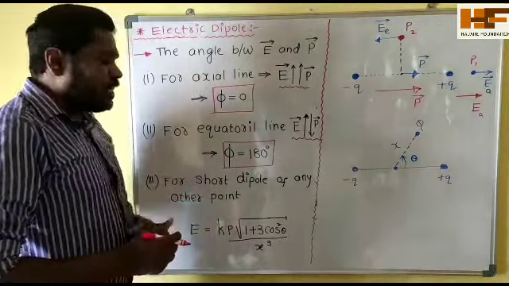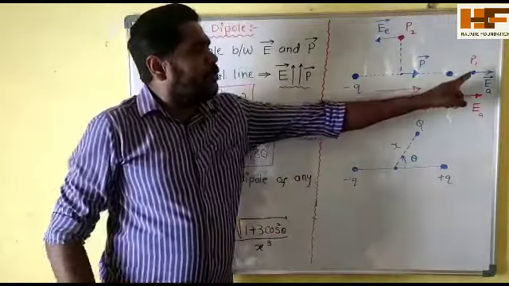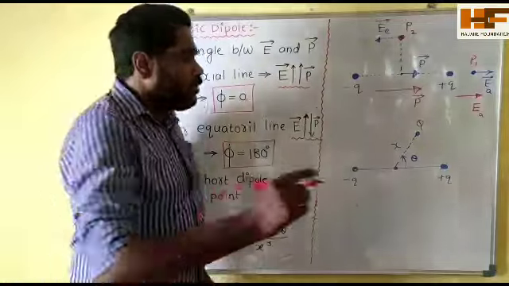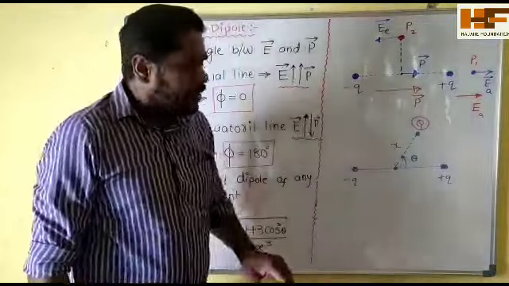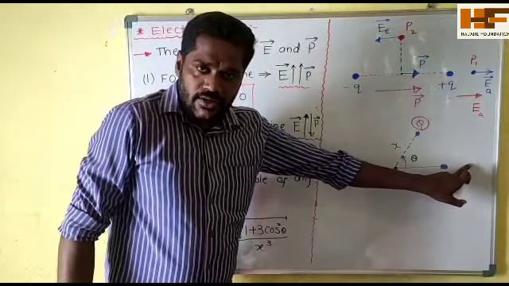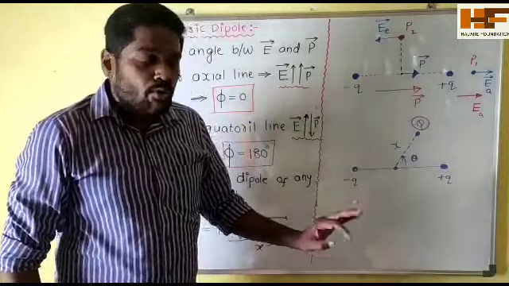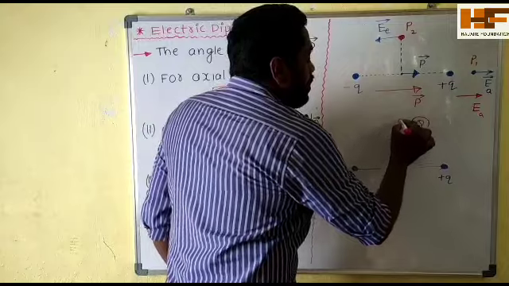Next, the last point. We have taken a point on the axial line and a point on the equatorial line. So I am taking one more point, named Q. Tell me, where is this point? Does it lie on the axial line? No. Is it lying on the equatorial line? No. So it is a general point.